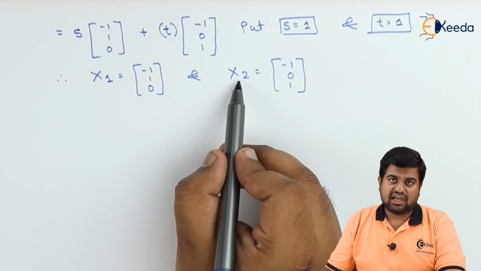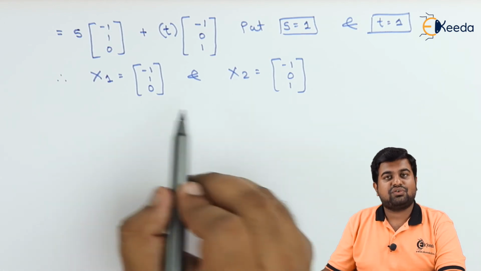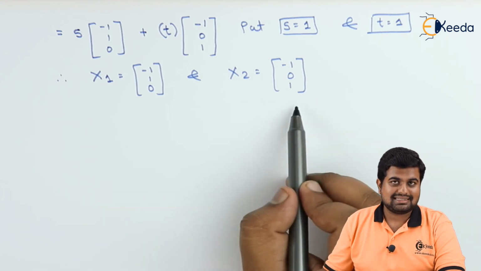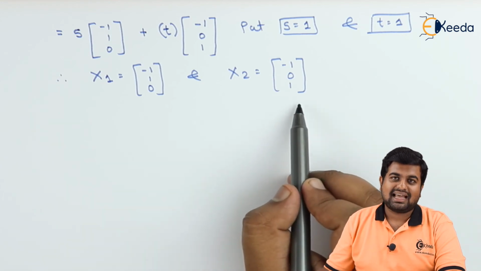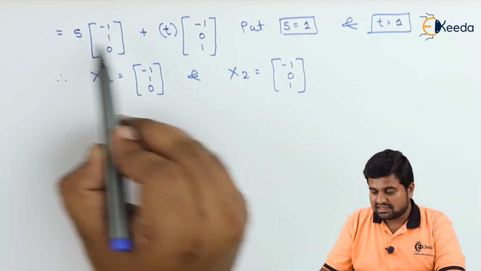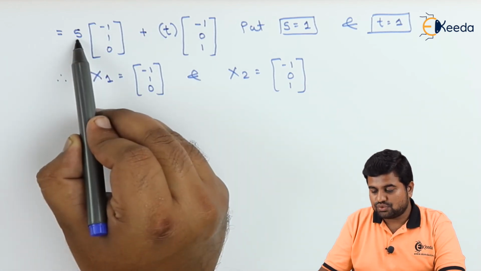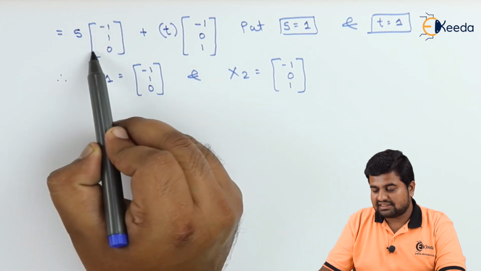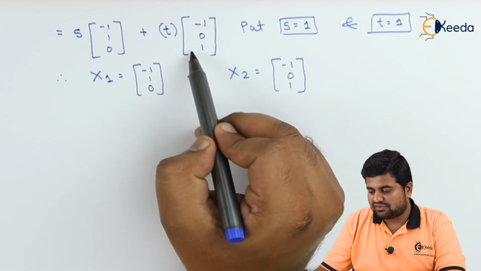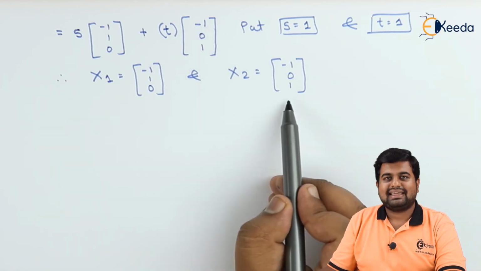If it would have been repeated thrice, then we would have got all three vectors for the same value. But since lambda is equal to 1 has been repeated twice, we have got x1 and x2. Using this, we put s is equal to 1 and get this vector separately as x1 and this vector separately as x2.